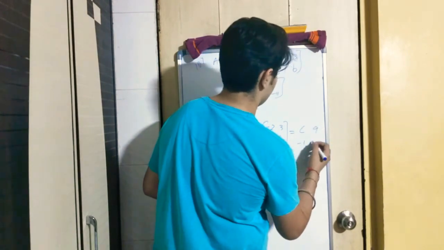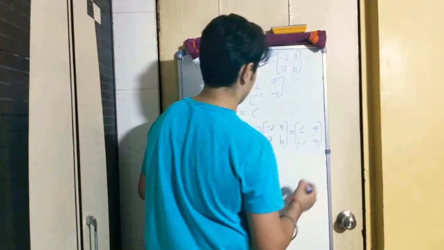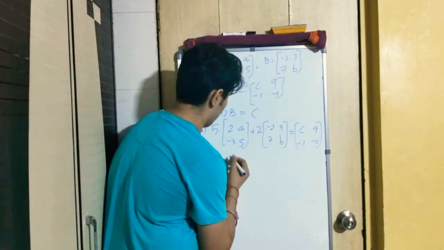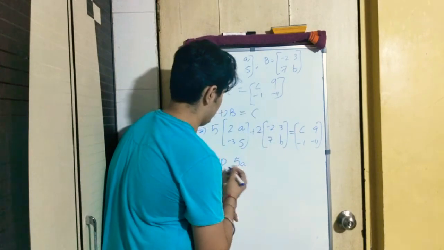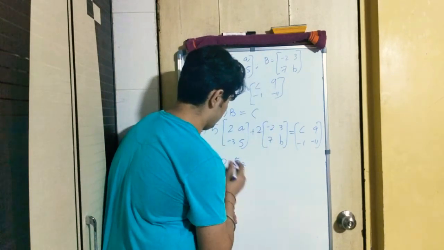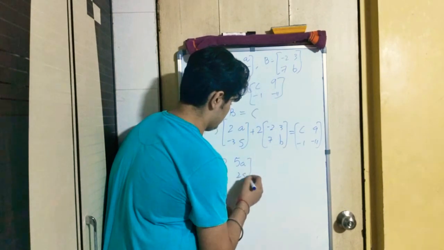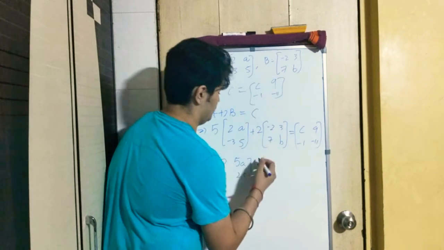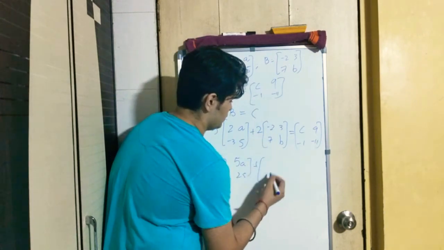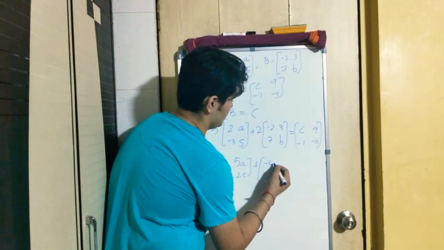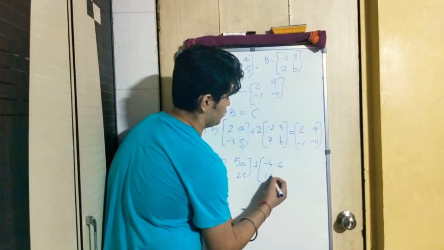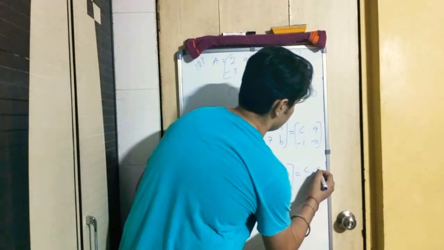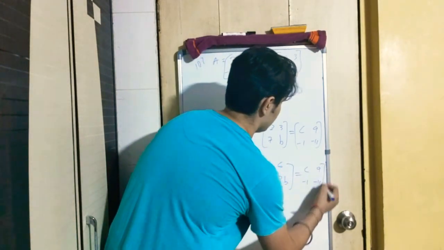C, 9, minus 1, minus 9. 5a, minus 15, 5 5s are 25. Plus 2 into minus 2 is minus 4, here is 6, here is 14, here is 2b, is equal to C, 9, minus 1, minus 11.